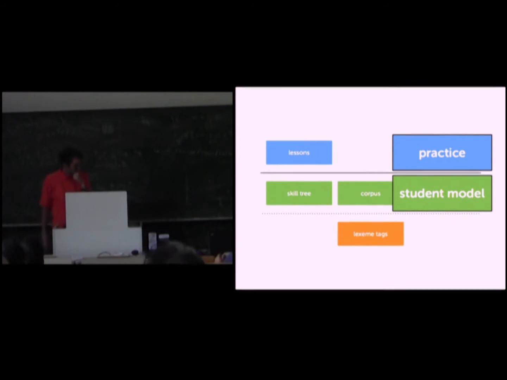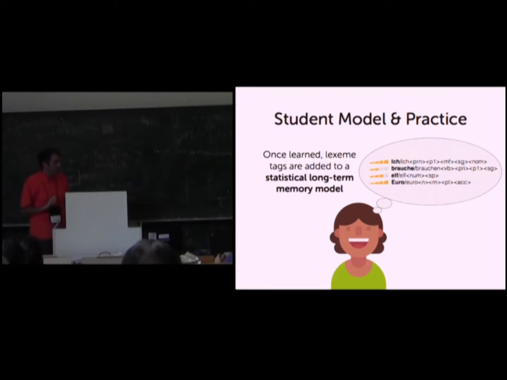Okay, so that's one way of interacting with Duolingo. The other way of interacting with Duolingo is through more directed practice. And so Duolingo tries to keep track of what each student knows. And you can think about this like a video game. This is part of the reason why Duolingo is successful. They gamify the experience of learning the language.